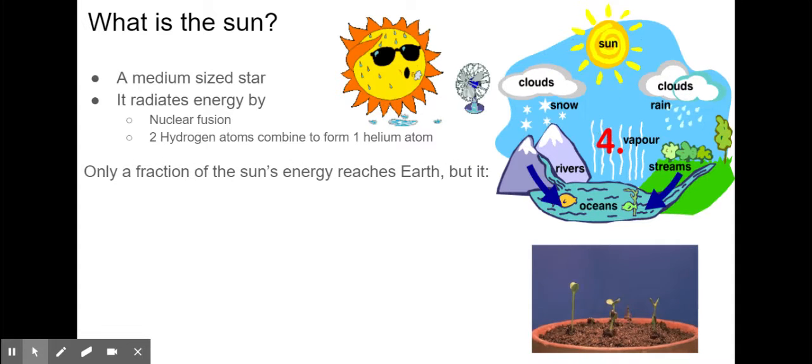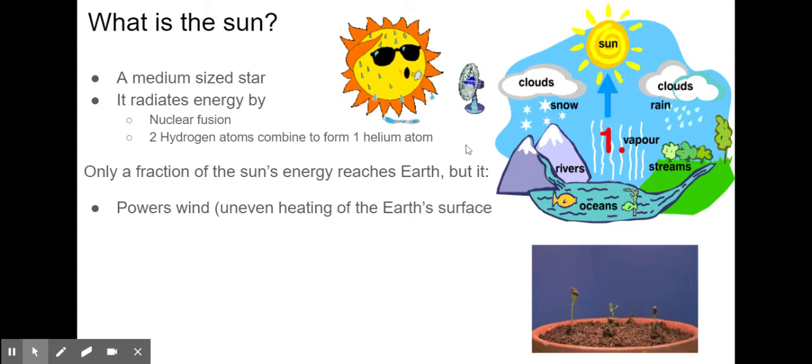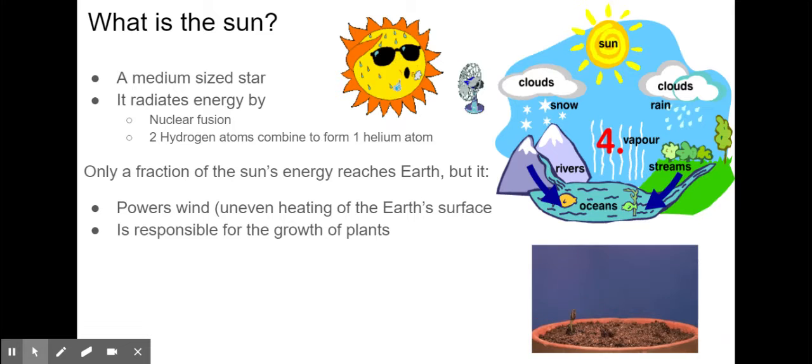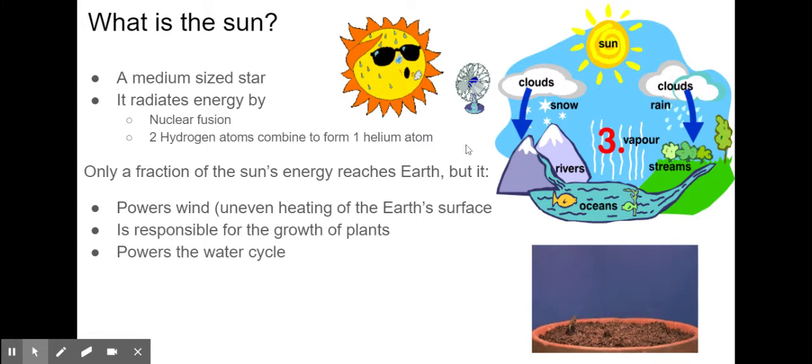Only a fraction of the sun's energy reaches Earth, but it powers the wind. The wind is uneven heating of the Earth's surface. It is responsible for the growth of plants. It powers the water cycle. The sun is pretty much the start of all types of energy.